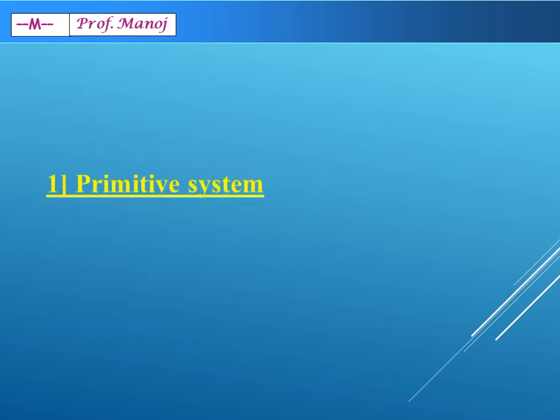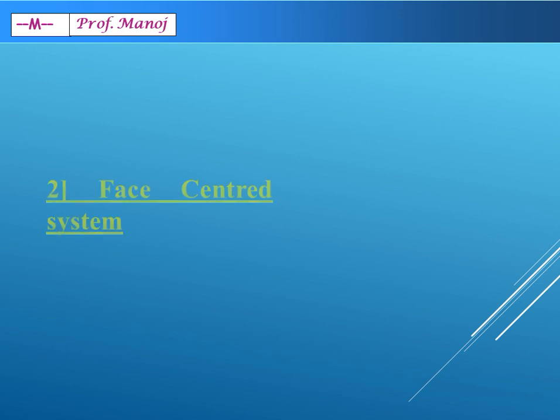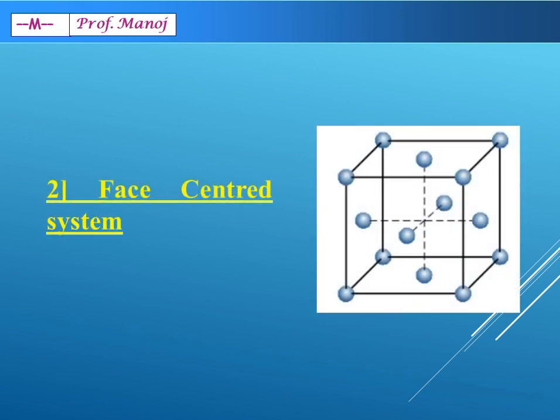The first, the primitive system, is imagined this way: we have a cubical unit cell and atoms are placed only at the corners. This is called the primitive system. The second system is called the face-centered system. You can see in this diagram that there are atoms or constituent particles at the corners, and if you imagine any face, you can see one atom at the center of every face.